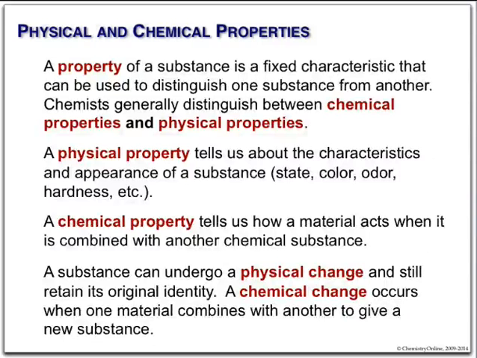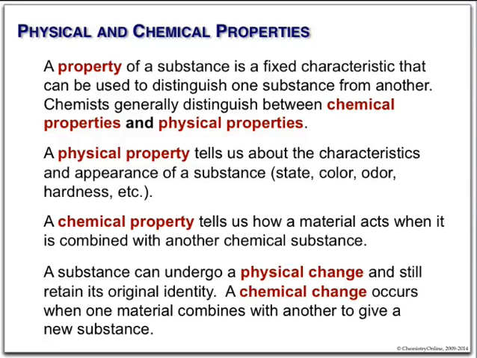If a substance undergoes a physical change, it's still the same substance, still the same molecule. It just, something has changed. It has melted. It has boiled. But it's still the same.